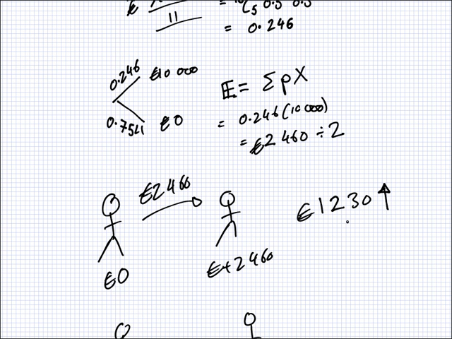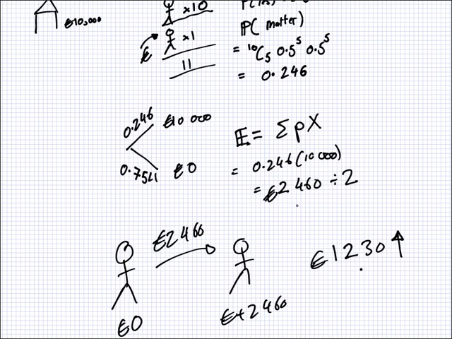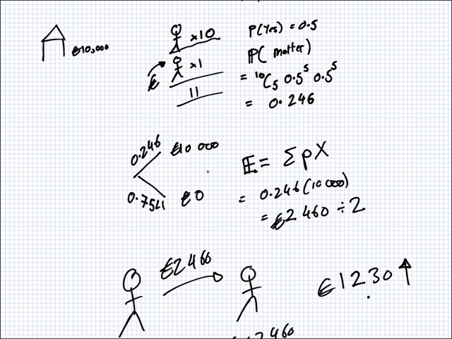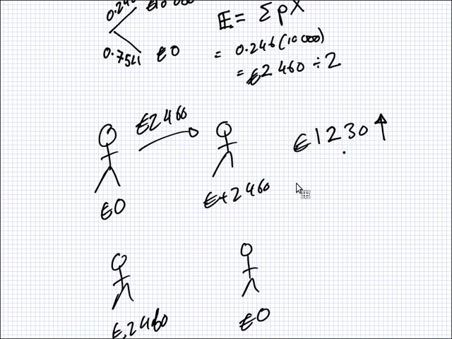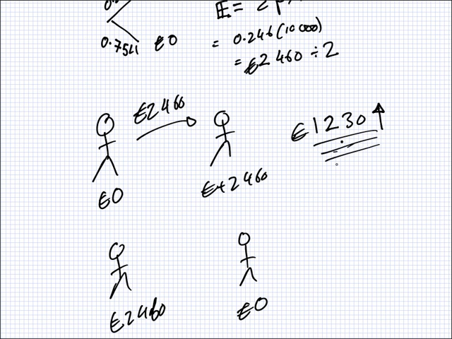And it's good for the builder because it helps get the hospital built, but it doesn't equal so much money that it cancels out what they expect to get anyways. So in other words, you're splitting the gains between the two of them. So 1,230 would be a good amount for the builder to bribe. Don't worry about this. This isn't an exam one. I just thought it was an interesting one.